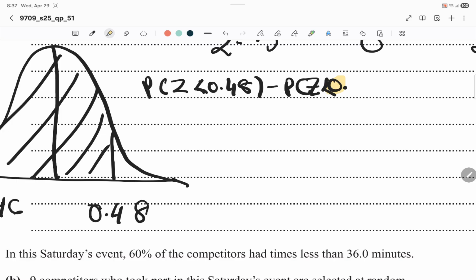Sorry, it's getting a bit annoying. Okay. So if we do that, either using your calculator or using the normal distribution sheet, we get this value.